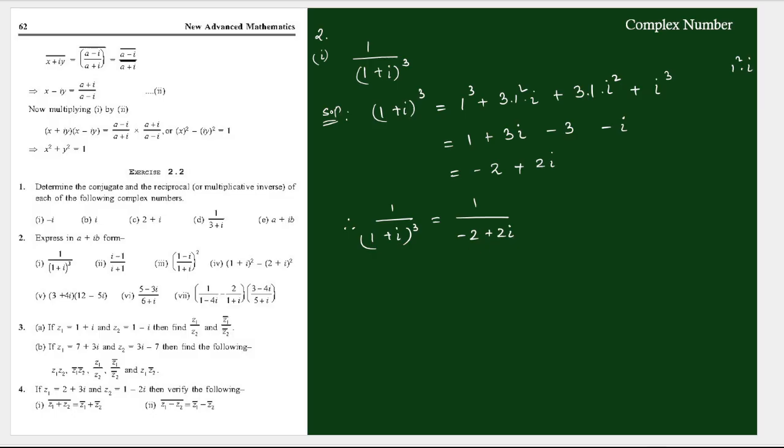Then you multiply with the conjugate now. Multiply with the conjugate, then what will we find? Or else we take 2 common.